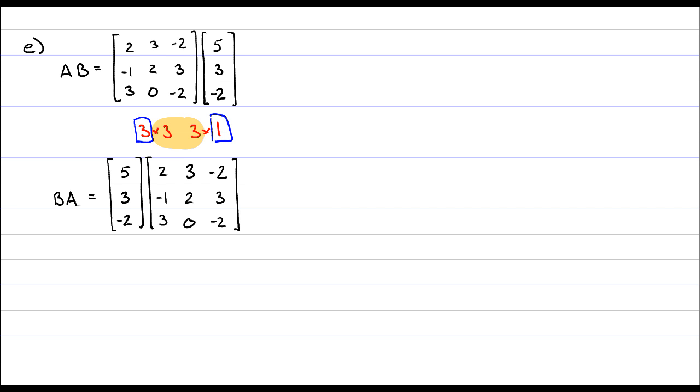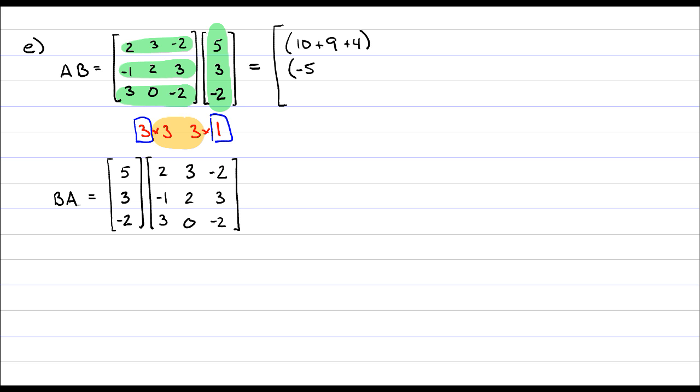So to calculate the answer, I need to identify the rows of the first matrix and the columns of the second matrix, just like in every example up to this point. So calculating the first entry, I need to multiply the first row and the first column. So that's 2 times 5 plus 3 times 3 plus minus 2 times minus 2. Then I move down to the second row, second column.